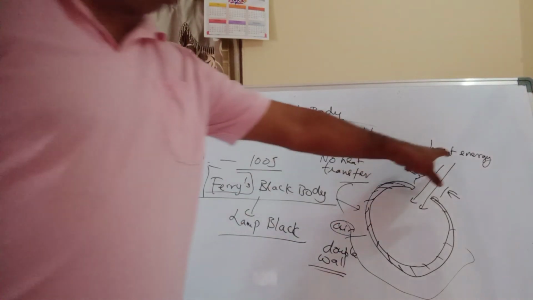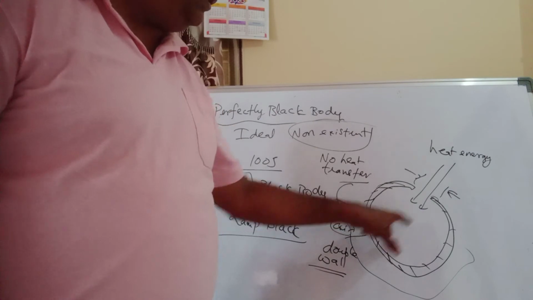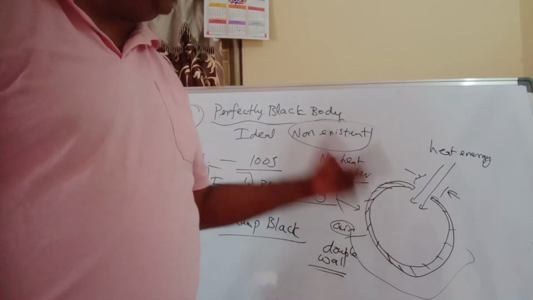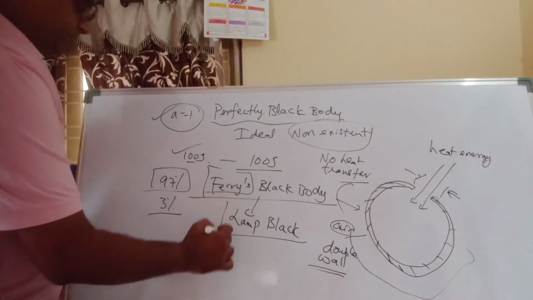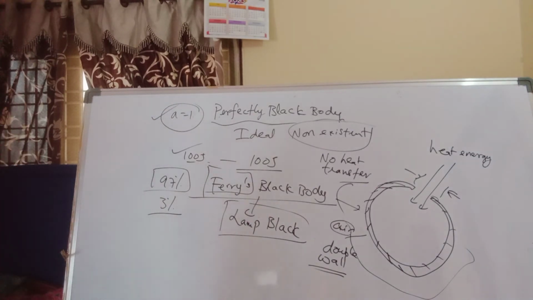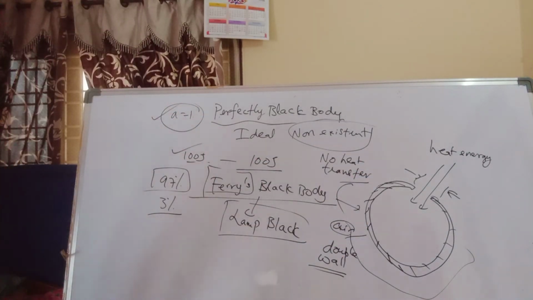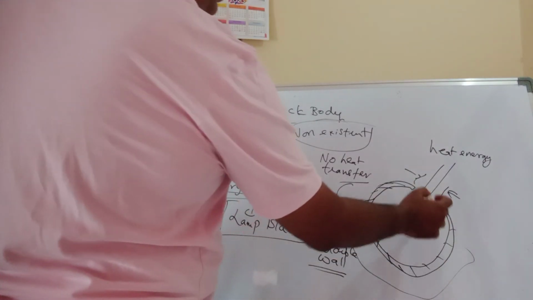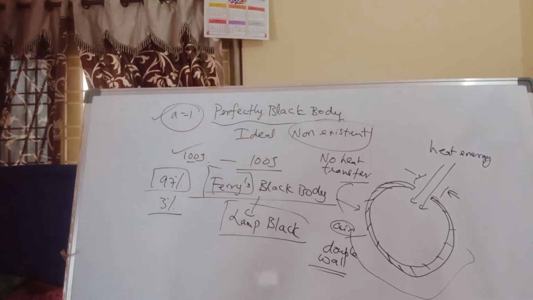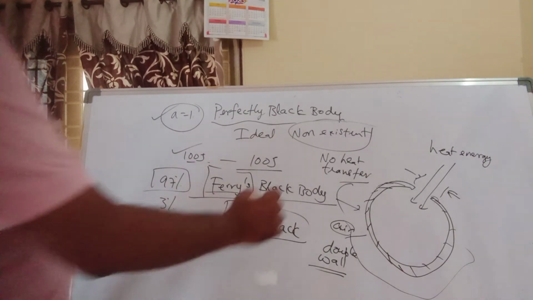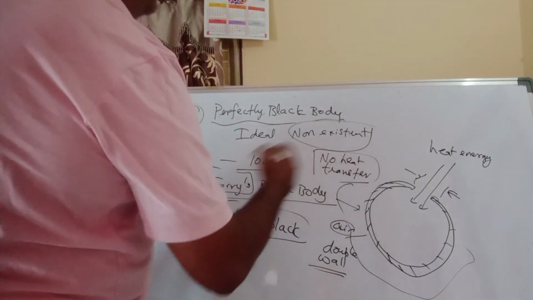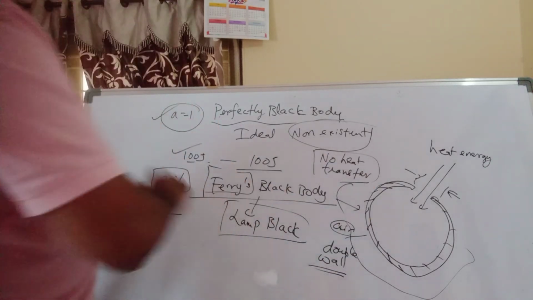You're sending heat energy here and studying a material called lamp black, but the heat from outside should not disturb your arrangement. So they make a thick double-walled structure which allows no heat from outside to inside or inside to outside.